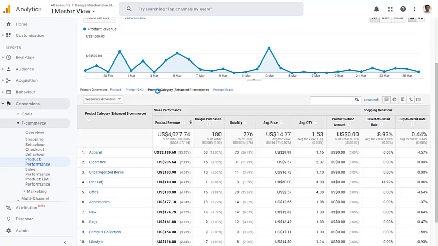All the products under the category apparel gave me a revenue of $2189. Products under the clearance category $296. Products which were not categorized 183, office 180, accessories $177.